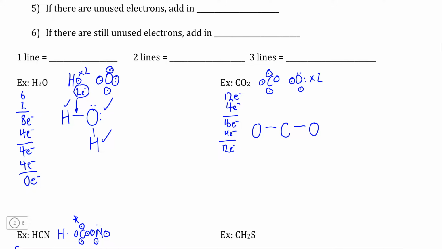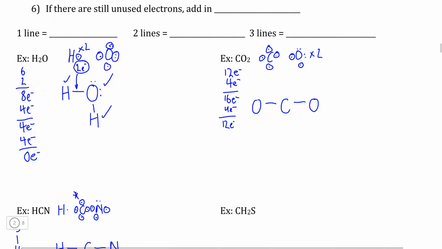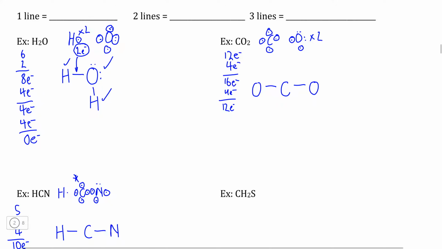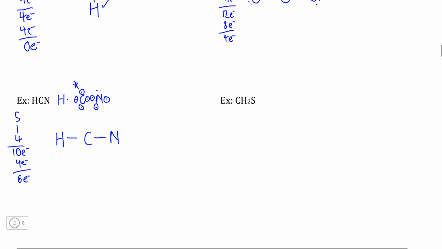The problem is if we add in the lone pairs for HCN and for CO2, we're actually going to come up short. So let's put the 2 lone pairs back on each of the oxygens like this, and as a consequence of adding 4 lone pairs to the oxygens in CO2, 4 times 2 is 8 electrons, which means we still have 4 electrons left.